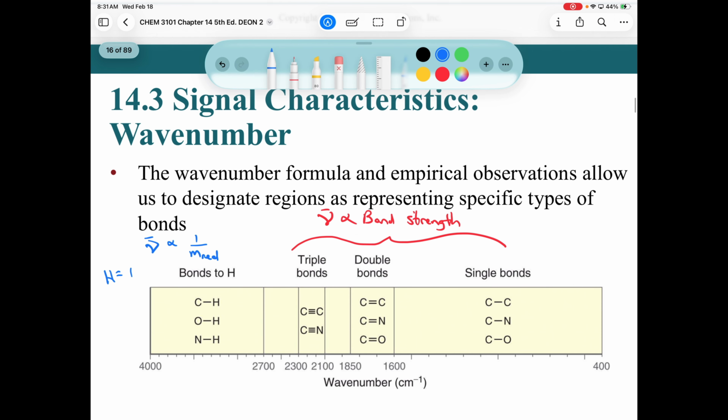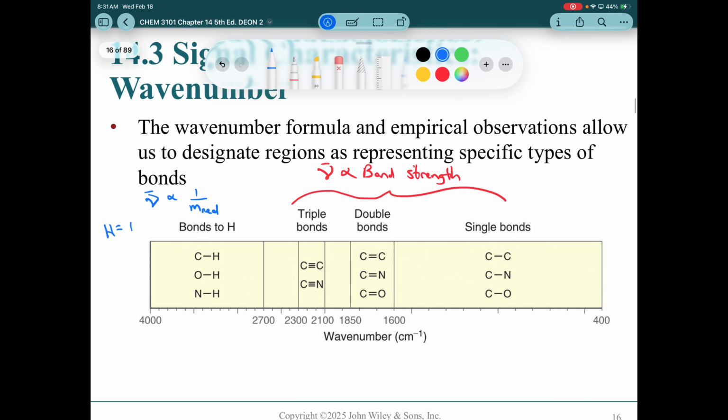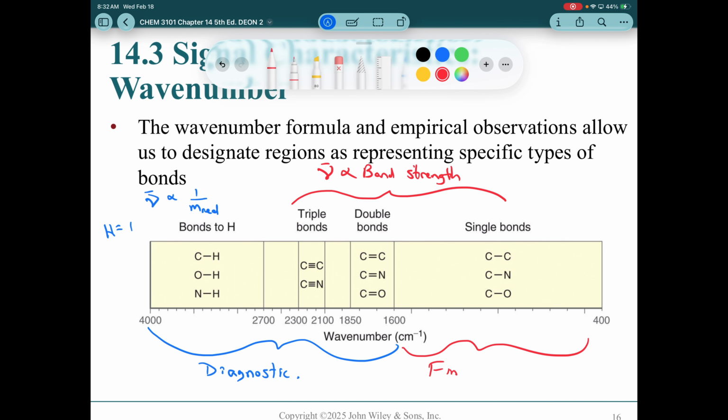So we're going to use carbon-carbon double bonds, triple bonds, and bonds to hydrogen most of the time. This region of the infrared spectrum, we call the diagnostic region. And this region from about 1500 and below, we call the fingerprint region.